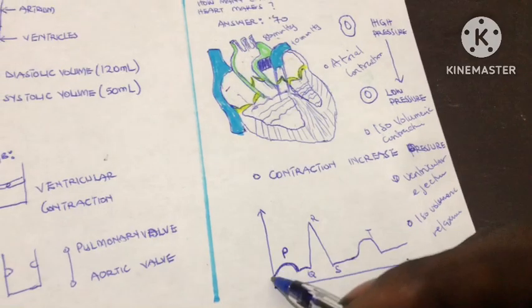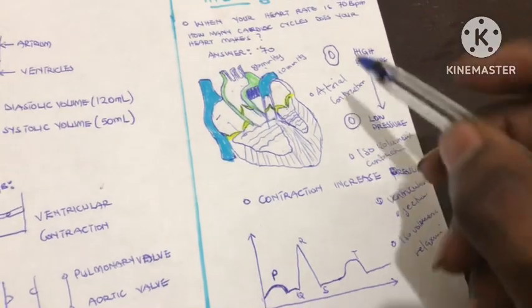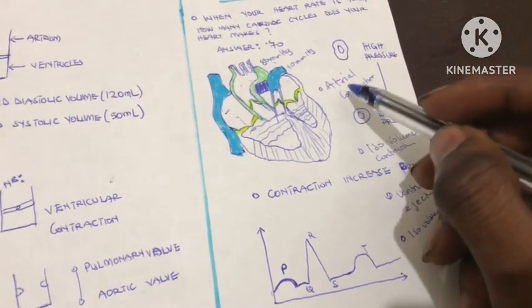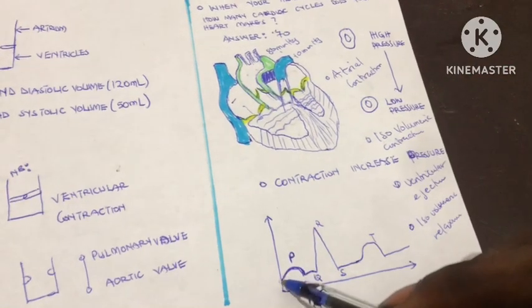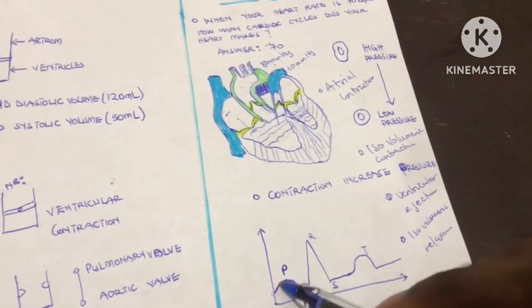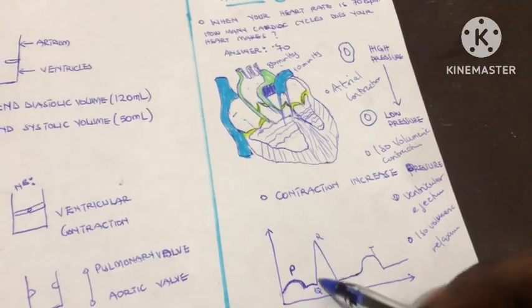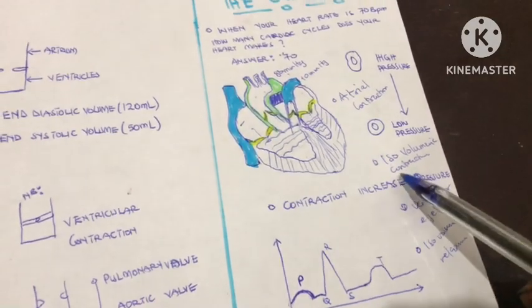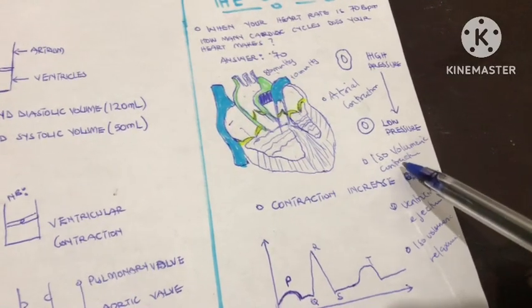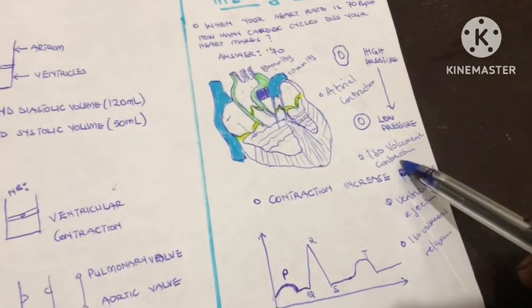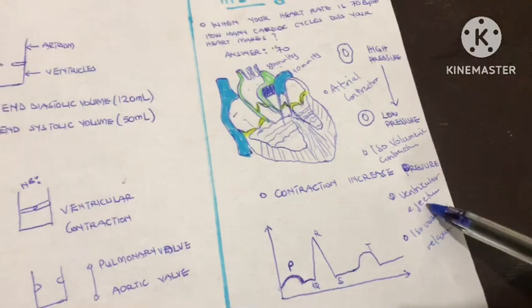This P wave here represents the atrial contraction. When the atria contract, the P wave represents that. And this QRS wave represents ventricular contraction, the combination of the isovolumetric contraction of the ventricles and ventricular ejection.